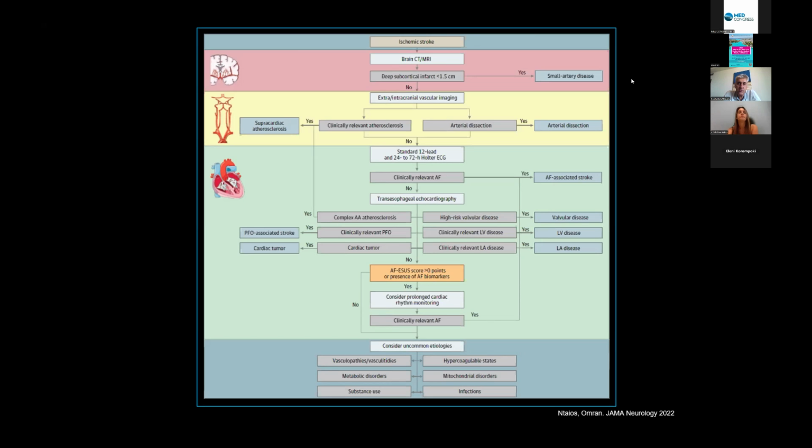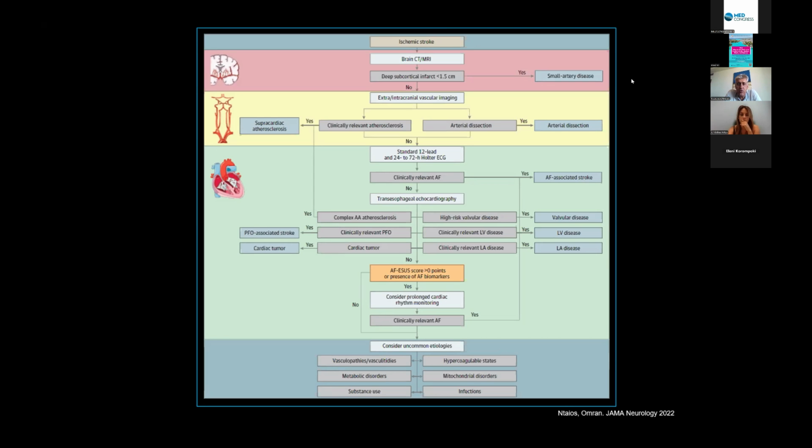It will take us along, but generally, this is the first step that we would like to keep in mind, to see if our patient has a small artery disease stroke. It's not rocket science. It's not that difficult. Most of the time, our radiologist provides in the letter of the CT or MRI some wording which shows that this is a small artery disease stroke.